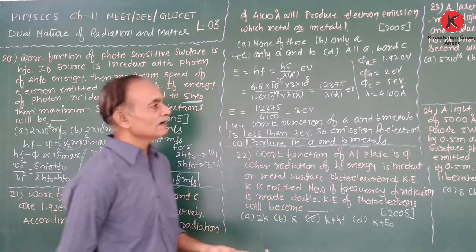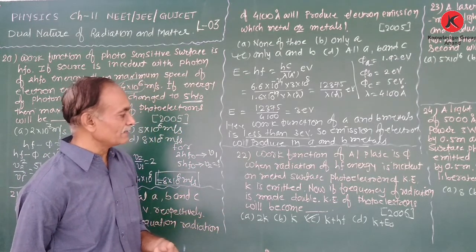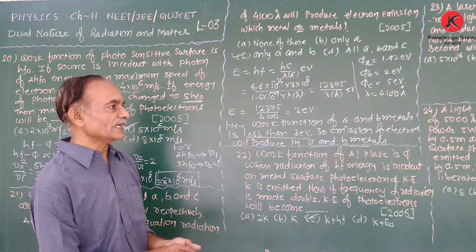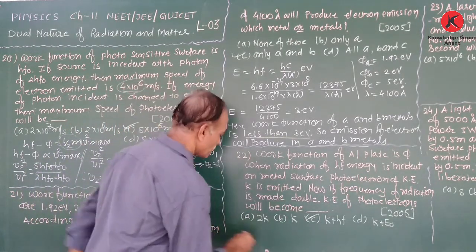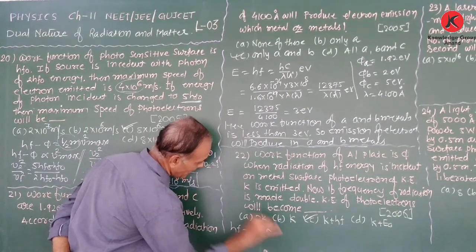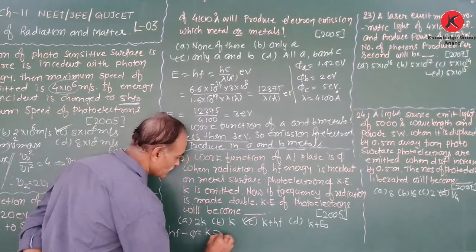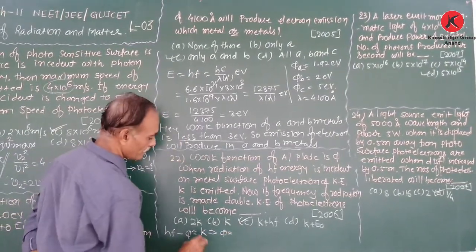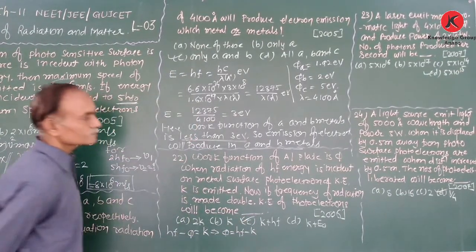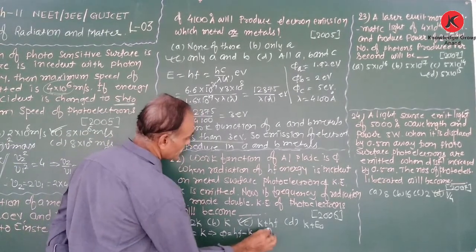For that purpose, again we use Einstein's equation for photoelectric emission. So this equation is hf minus phi is equal to K, the kinetic energy. So phi is equal to hf minus K. Now this is our equation 1.